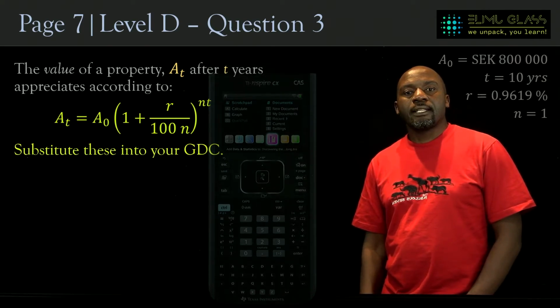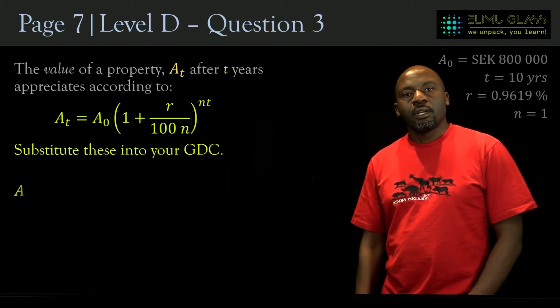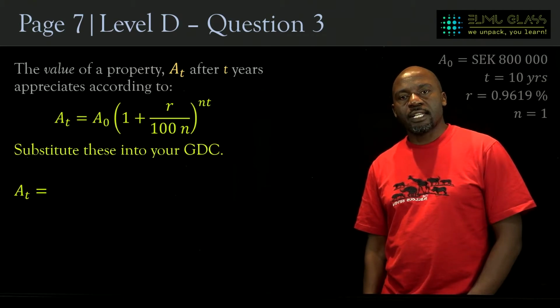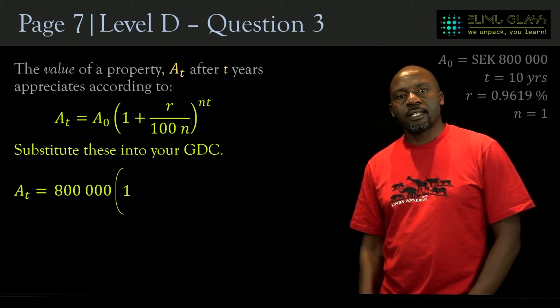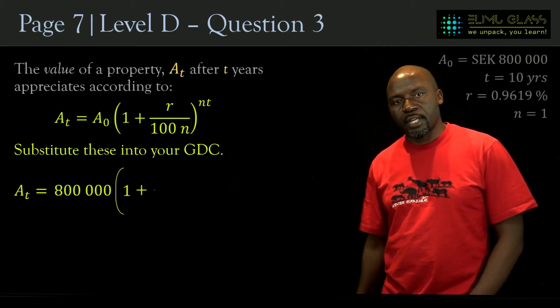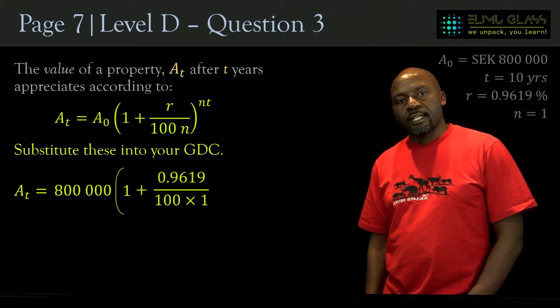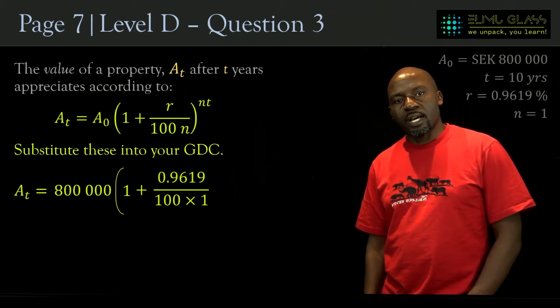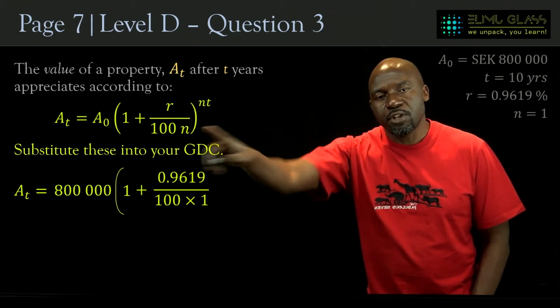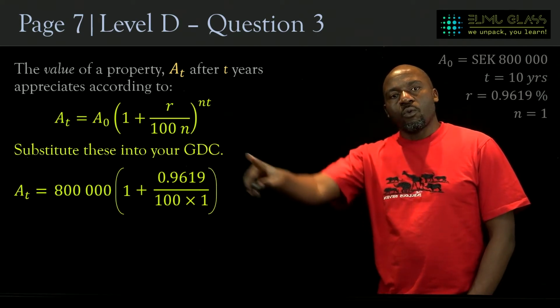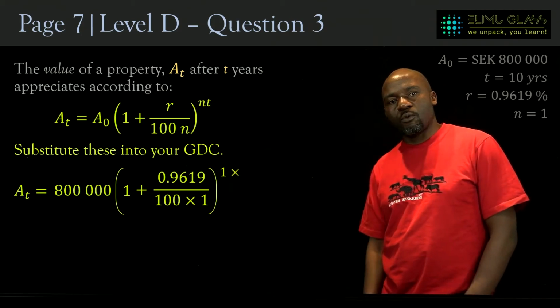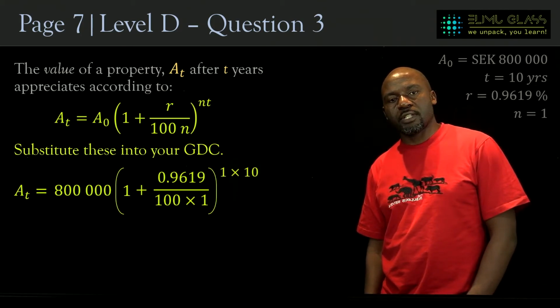So if we enter this data, the amount after 10 years is going to be 800,000 into 1 plus R, that value there, 0.9619 over 100 multiplied by N, which is 1. And then everything into bracket, power 1 times the time for which we are going to check this, which is 10 years.